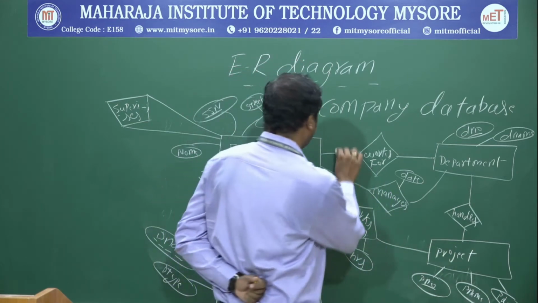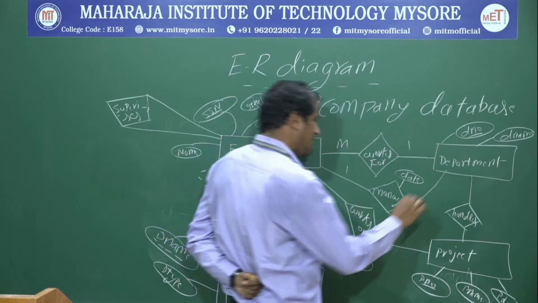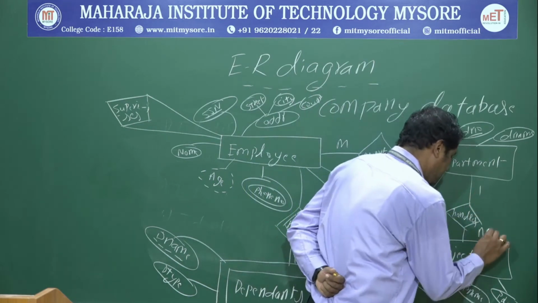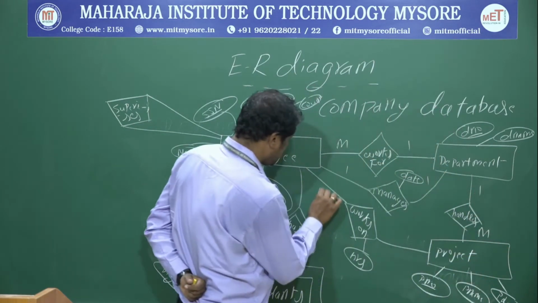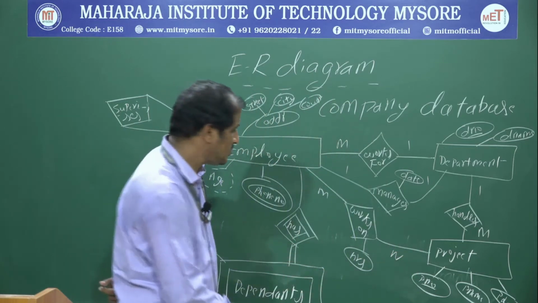So here many employees work for one department, one employee manages one department, one department handles many projects, and many employees work on many projects, M to N.